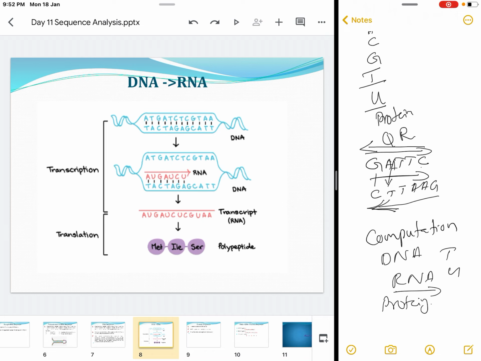So here we can see the sequences. The first one is a DNA sequence in the coding strand and the opposite strand, from where we get an RNA strand, and from the RNA it codes for a protein sequence.